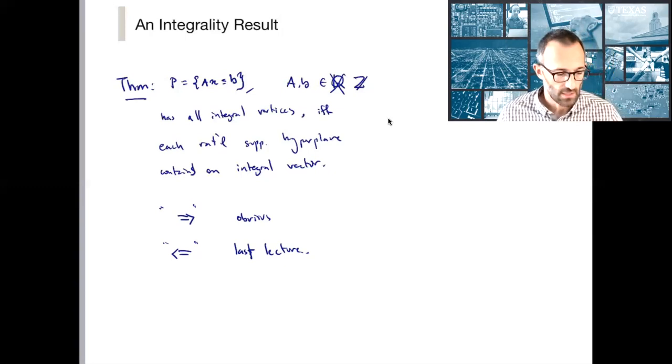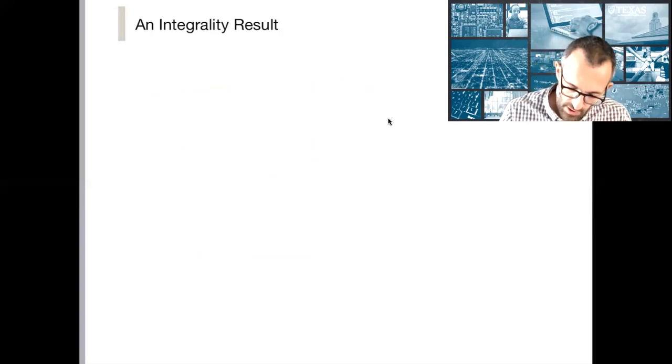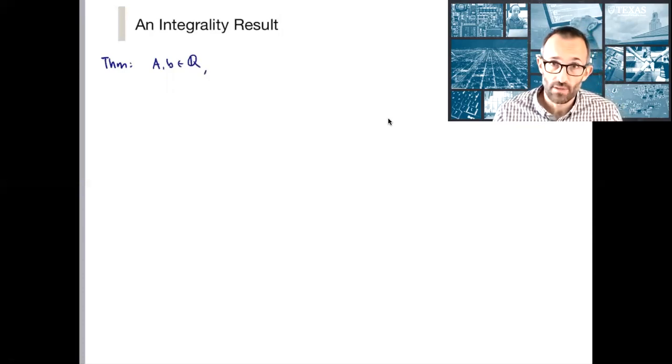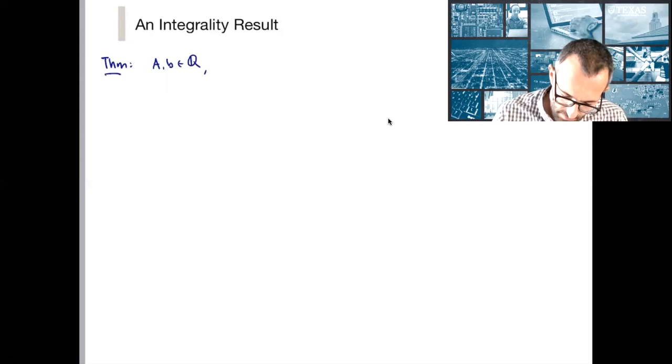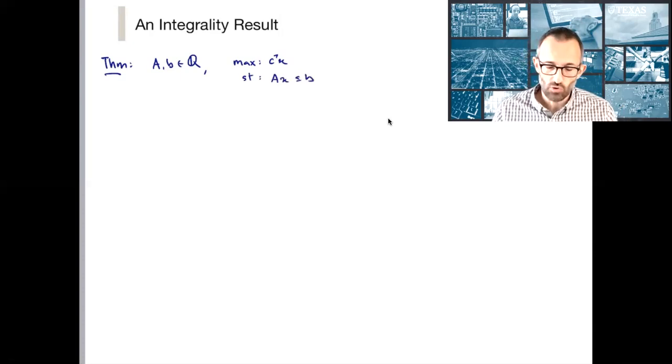Okay, so now let's move on and give a different integrality result. So this says the following. Again, if I have rational data, A, B are rational, and now I look at the following optimization problem: max of c transpose x subject to Ax ≤ b. And now the theorem says, suppose that this optimization problem has an integral value.